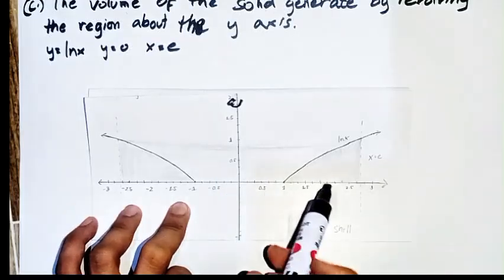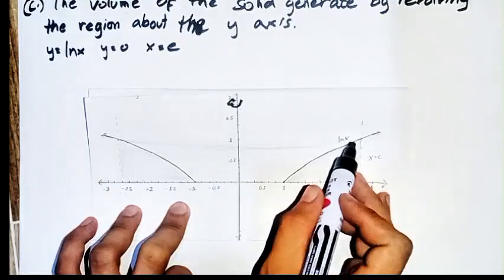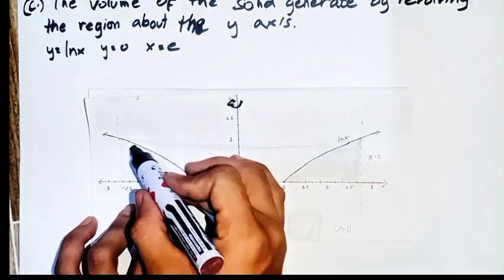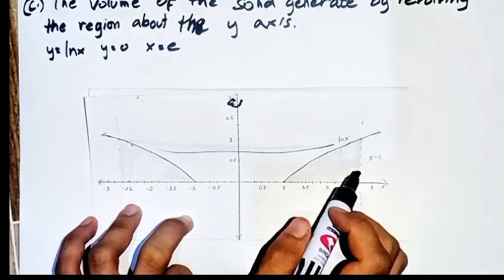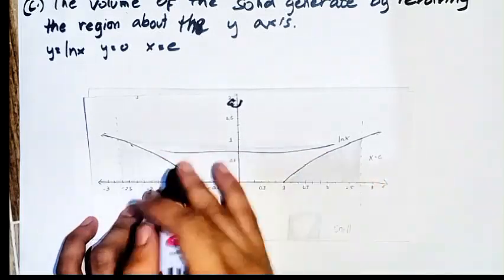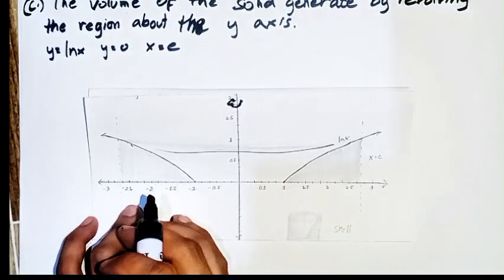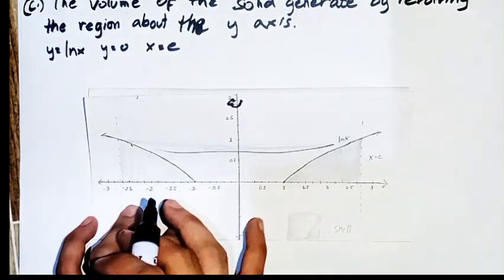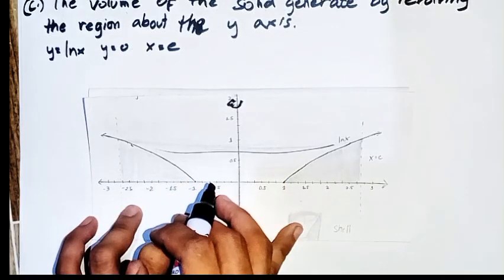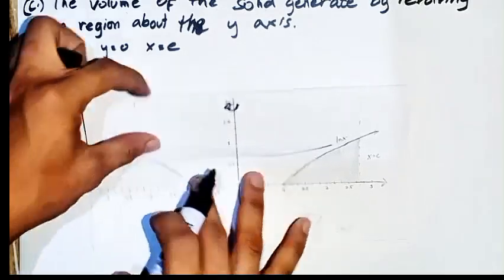It can create a cylindrical shell. As you can see, if it rotates, this region will create a solid that is a cylindrical shell. Since it will create a cylindrical shell, let's use the shell method.